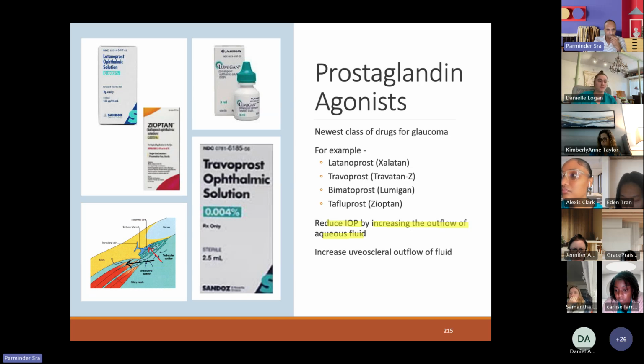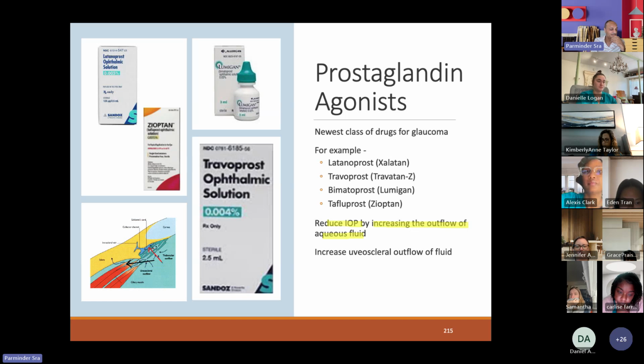Now, something really important to remember, something unique about your prostaglandin analog, which ends with prost. If you find one of the drugs from this class, look for anything in the question or answer options related to the color of the eye.